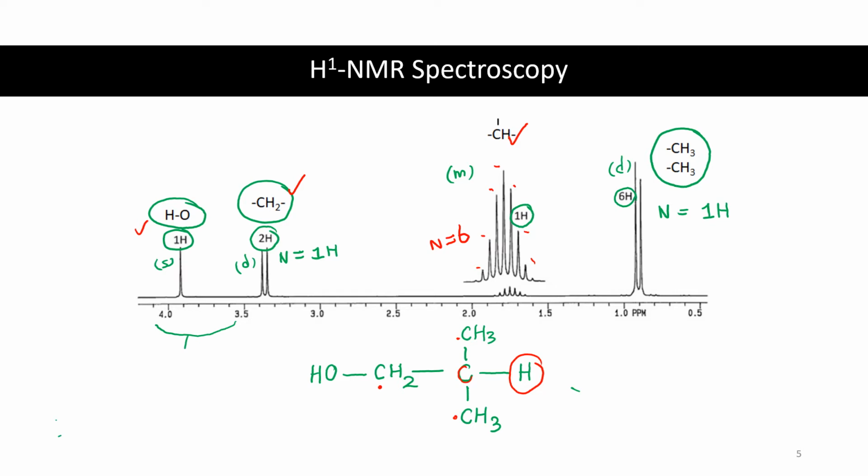So this probably has more splits, but we're not able to see it because the resolution is not clear enough. So let's scratch that off. n equals many neighbors. So that makes sense, and that's how, once you choose a structure, you go back and double check and match it with the spectrum to see if it makes sense.